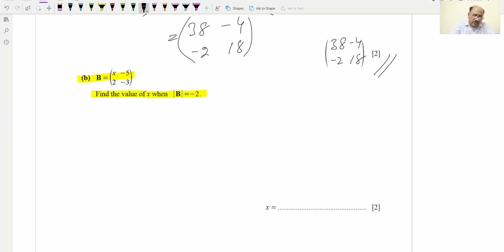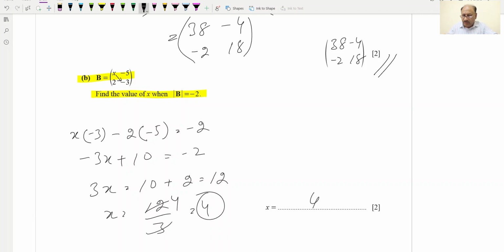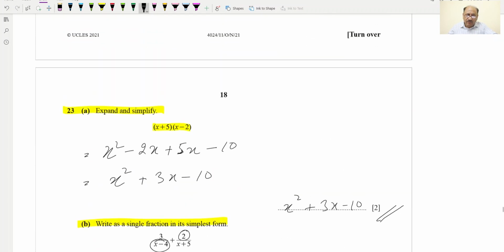So mod of b is, we are multiplying this with this, so x into minus 3 and minus 2 into minus 5, and we know this is equal to minus 2, so we'll open the bracket, so minus 3x and plus 10 is equal to minus 2, so 3x we can shift to the other side, so 3x is equal to 10 plus 2, which is equal to 12, so x is equal to 12 over 3, which we can write as 4, so x is equal to 4 is the final answer for this question, which is a 2 mark question. We are done with the paper.